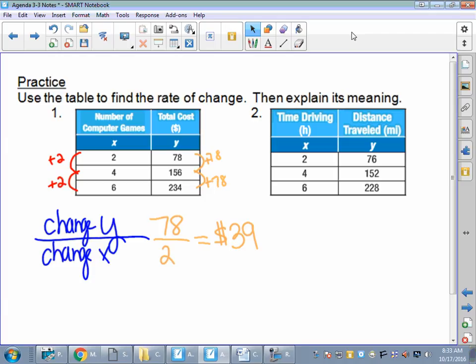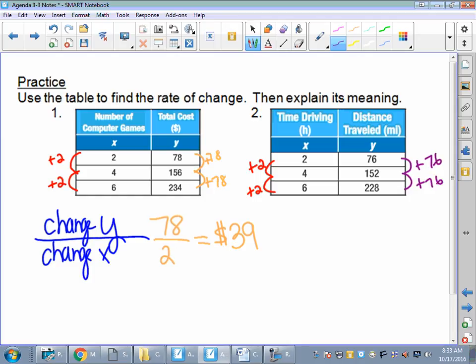All right, let's do the second one real quick here. So my x values this time are my time driving in hours. So from 2 to 4, 4 to 6. My change in x's, just as a coincidence that it's 2 again. It's not always 2. What's my rate of change for my y's? I think it's going to be 76.